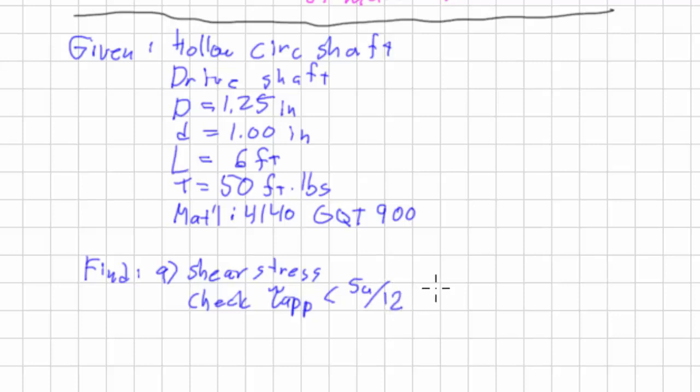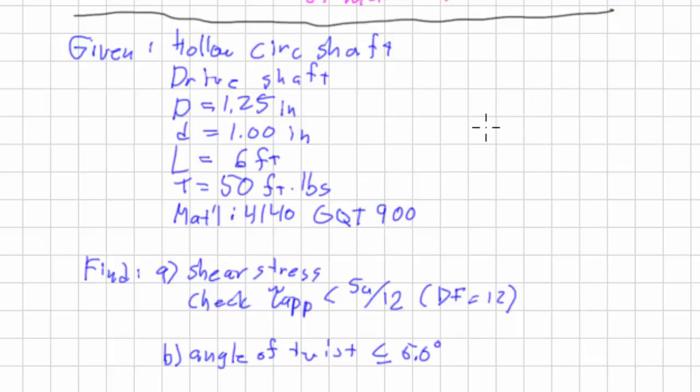Okay, so we have a design factor equal to 12. In part B, find the angle of twist, and make sure that it is less than or equal to 5 degrees.